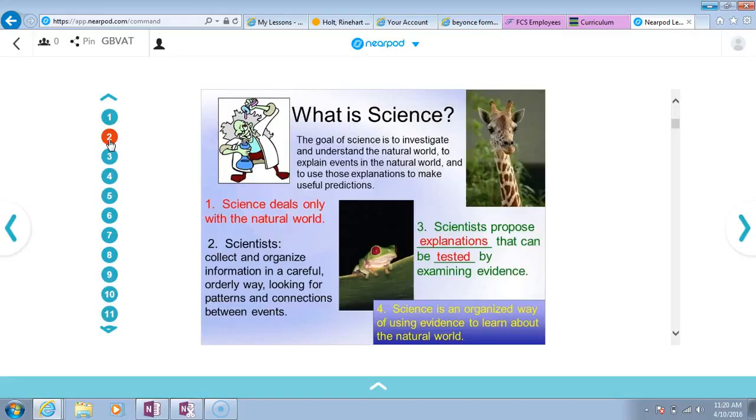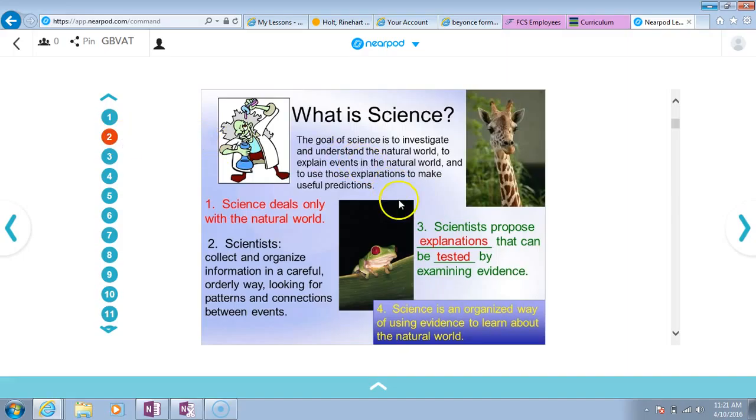Scientists collect and organize information in a careful, orderly way, looking for patterns and connections between events. 3. Scientists propose explanations that can be tested by examining evidence. And last of all, science is an organized way of using evidence to learn about the natural world.